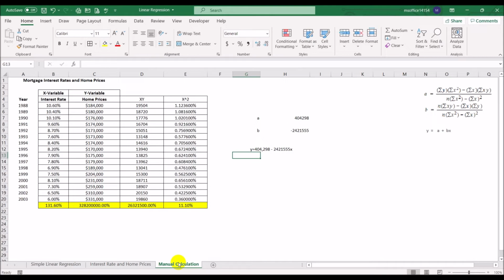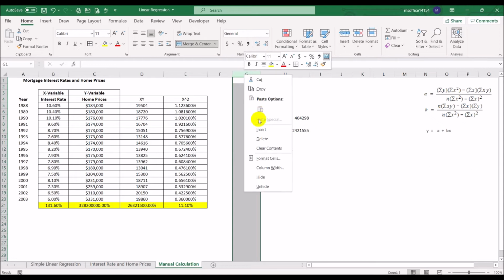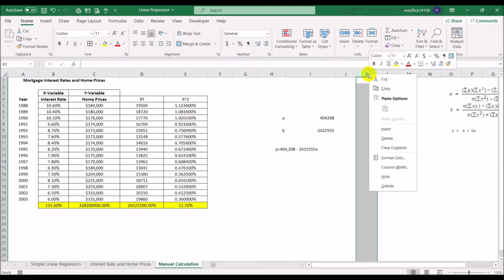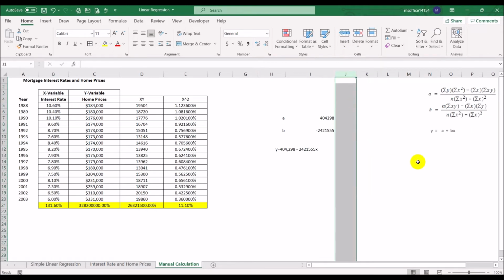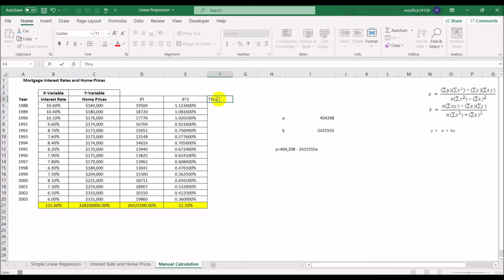Now let's see if that is actually true or not. I'm going to insert a column here, and take away a column from here, and one more. I just want to have the formula showing up. What this does is, for every value of x, we get a corresponding y.